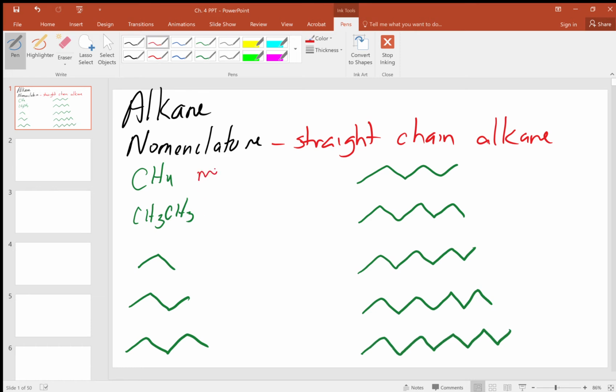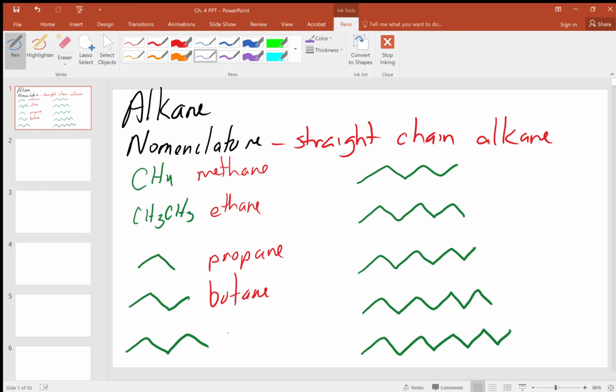So 1 carbon is methane, 2 is ethane, 3 is propane, and 4 is butane. Above this, if you know your normal numerical prefixes, the rest of these become pretty easy. If you think about what we call a shape with 5 sides, we would call that a pentagon.